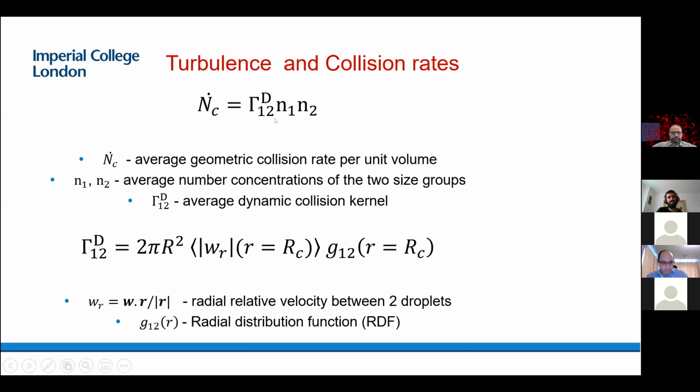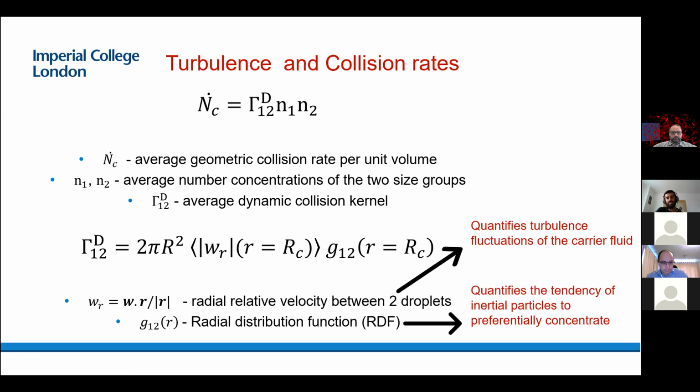The effect of turbulence manifests itself inside the definition of the dynamic collision kernel. That happens in two ways. One is through the radial relative velocity, which quantifies the effects of the turbulent fluctuations of the carrier fluid. The second is through the radial distribution function, which quantifies the preferential concentration or the clustering.